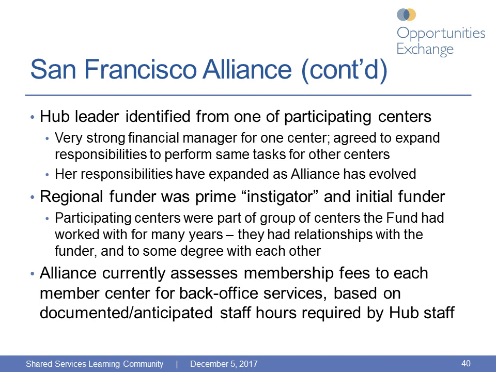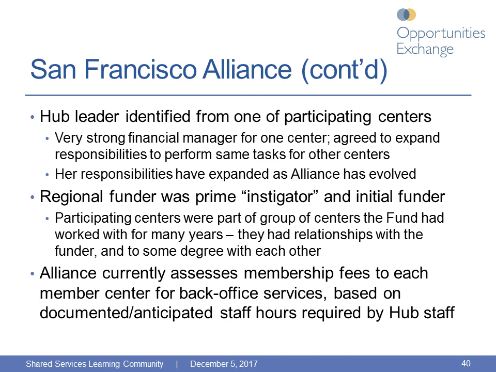So the fund had relationships with those providers and very close relationships with those providers. And the providers had, to some degree, relationships with each other. So there was already some trust built in there.